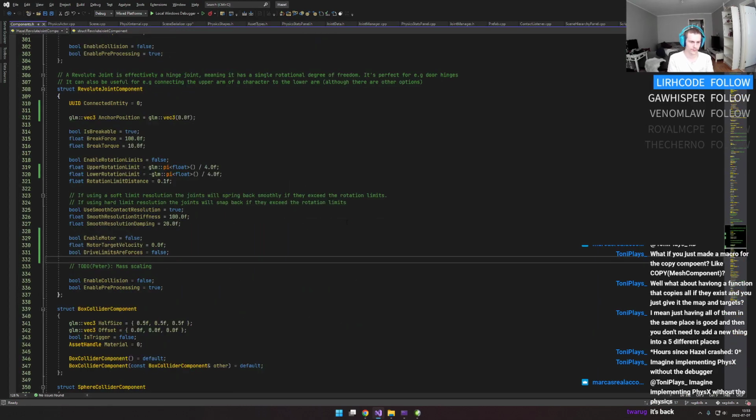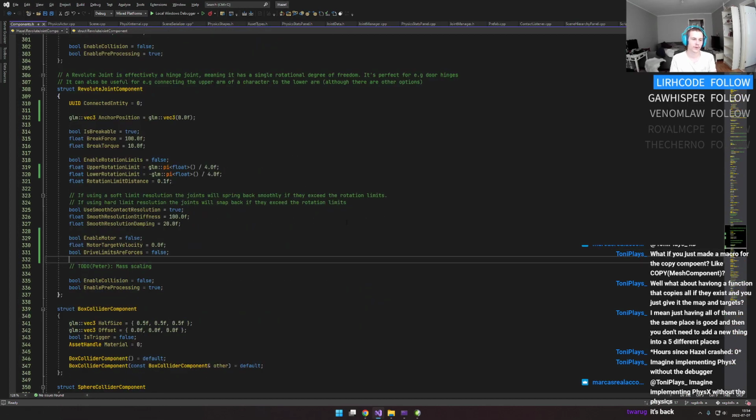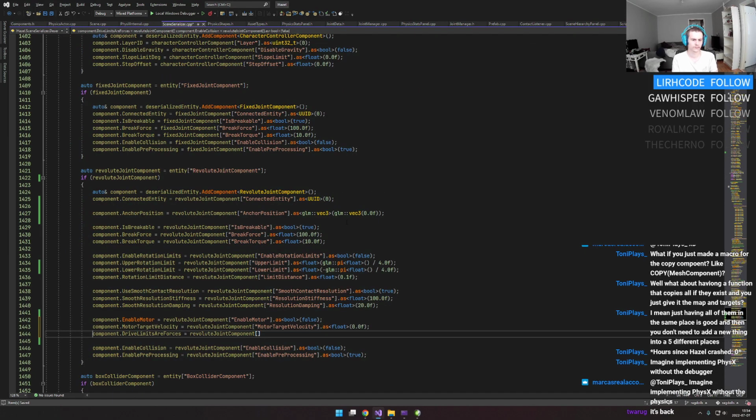Then it was drive limits are forces, which I should probably call motor drive limits. Oh my god.